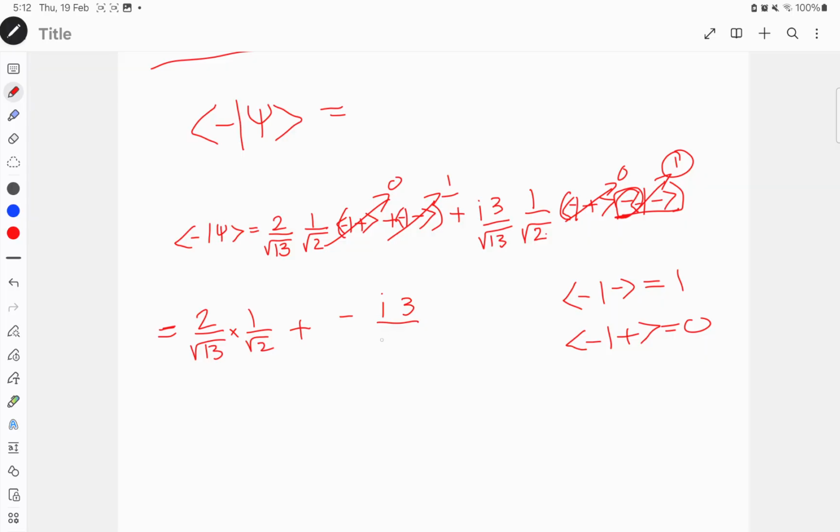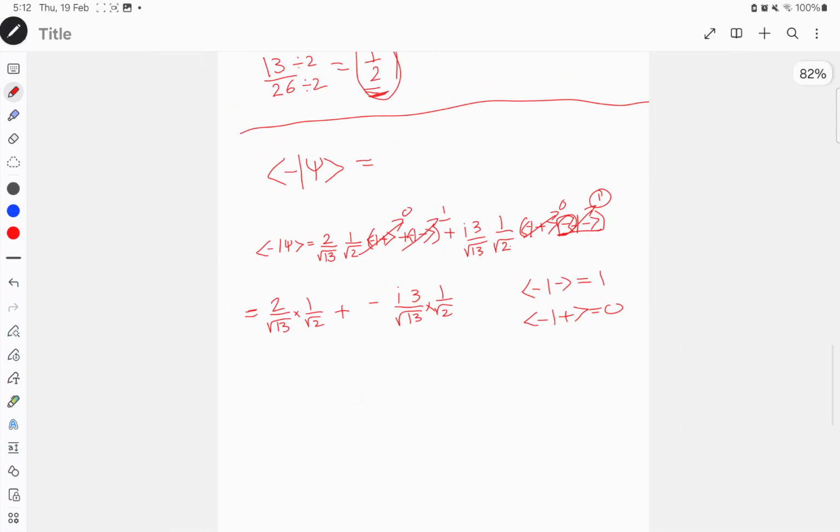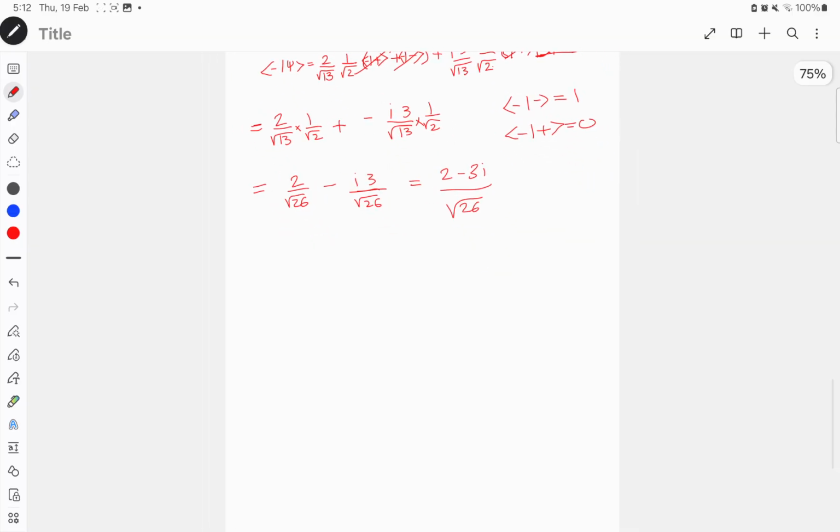So i3 over root 13, 1 over root 2, that is 2 over root 26 minus i3 over root 26, that is 2 minus 3i over root 26.